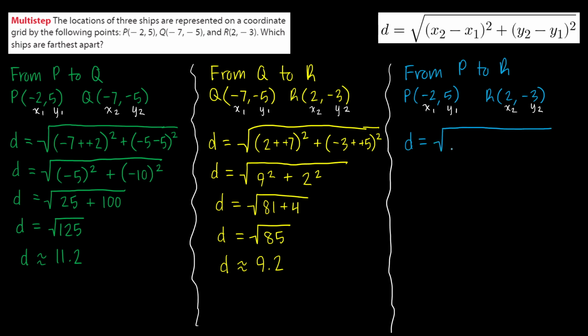D equals the square root of (x2 minus x1) squared. x2 is positive 2. We're subtracting here. So 2 minus negative 2, since x1 is negative 2. 2 minus negative 2 squared plus (y2 minus y1) squared. y2 is negative 3, and we are subtracting 5 from it, and that is also squared.